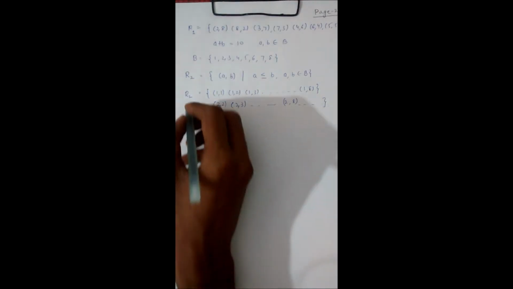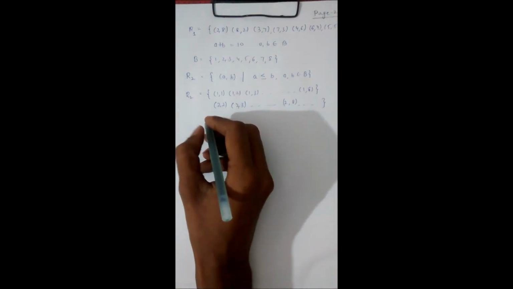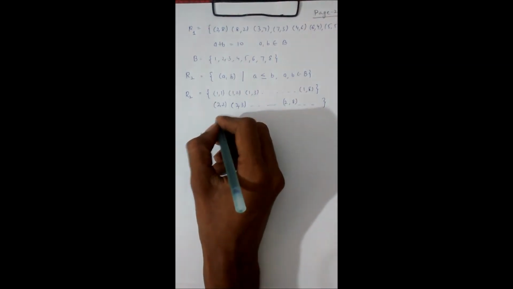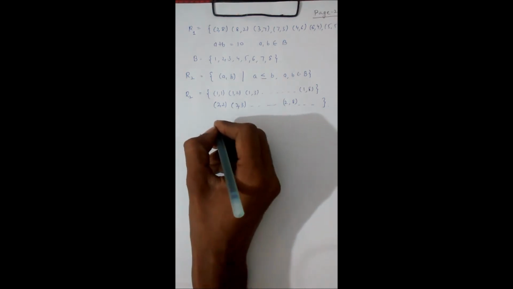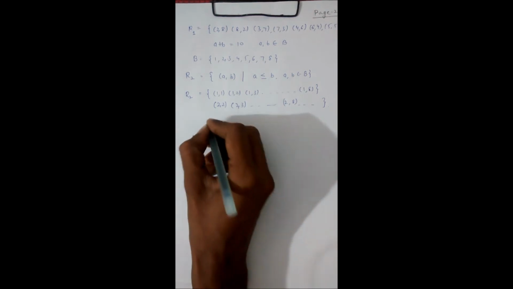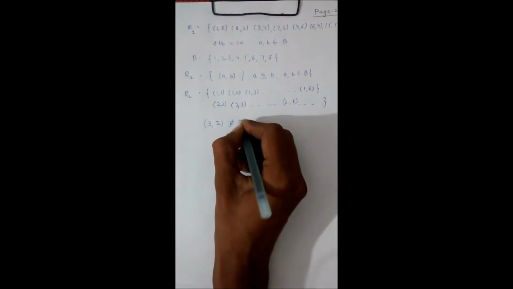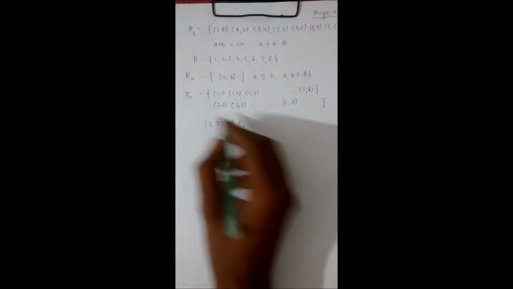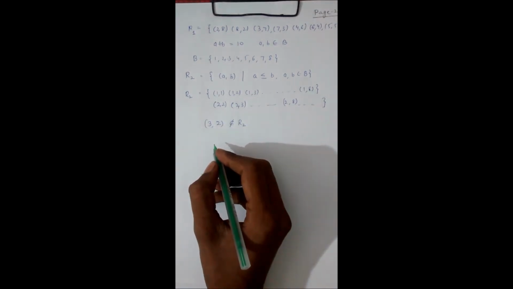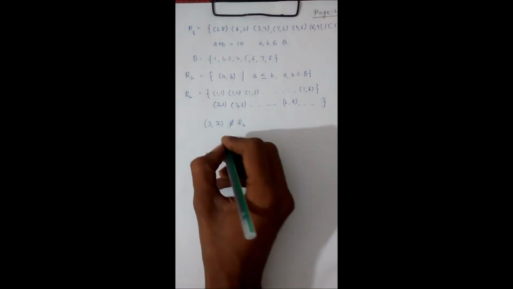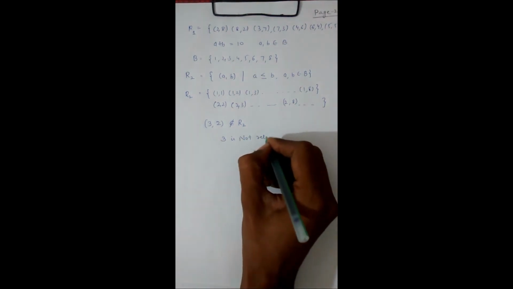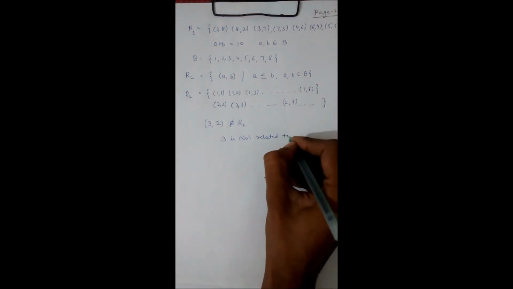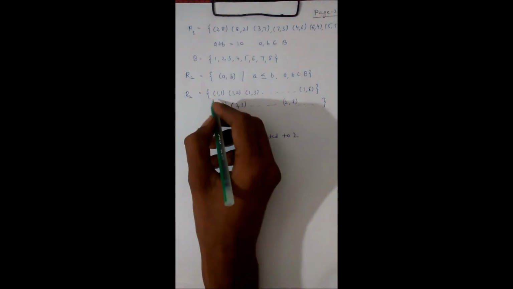Now if I look at R2, I don't have the pair (3, 2). (3, 2) does not belong to R2, this relation. Now what do I say? (3, 2) does not belong to R2. That means 3 is not related to 2 from this relation.